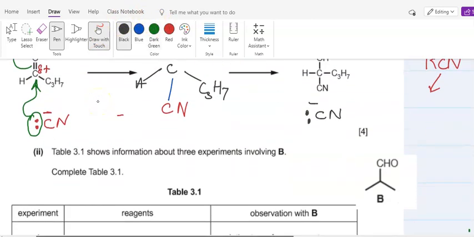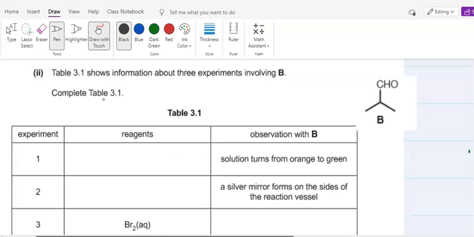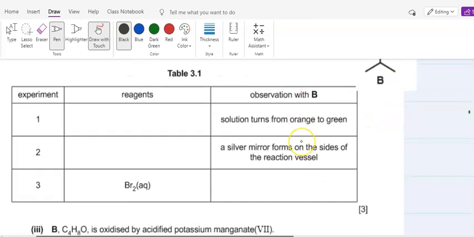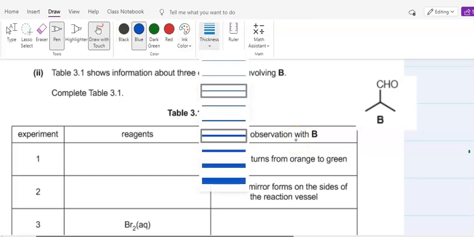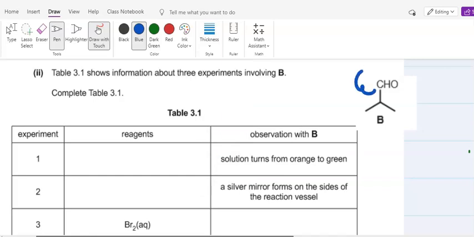Now come to the table. The table shows the information about 3 experiments involving B. This is the structure of B, and they have given you certain observations, so you need to complete the table. You can see a very important thing: this is an aldehyde group, and the observation is orange to green.